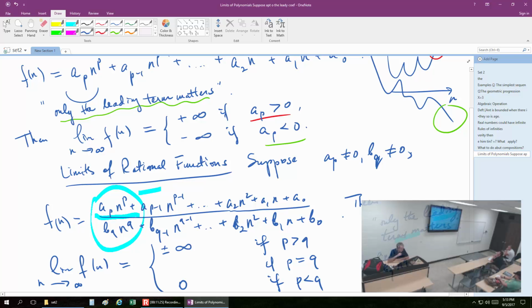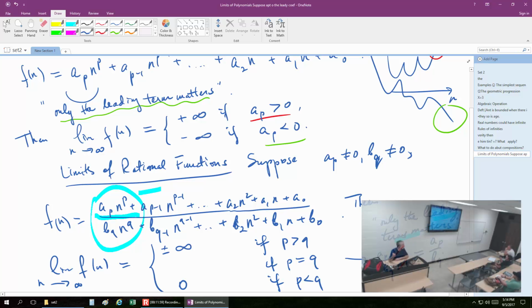In the last case, the one in the middle, p is equal to q, so these are gone, and we're left with nothing but the leading coefficients, a_p over b_q.